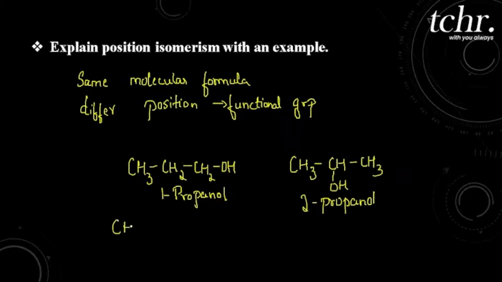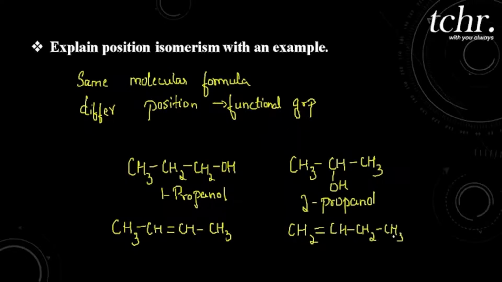Now, do you want me to explain with one more example? Okay, now observe. I've written the compound, you have to try to name it, okay? So what can you observe here, students? Count the number of carbon atoms and hydrogen atoms, you will see that the molecular formula is the same.